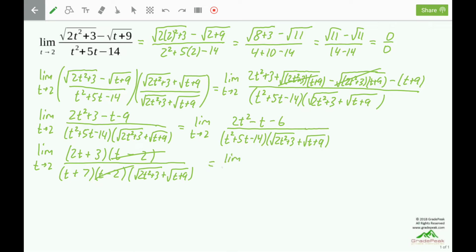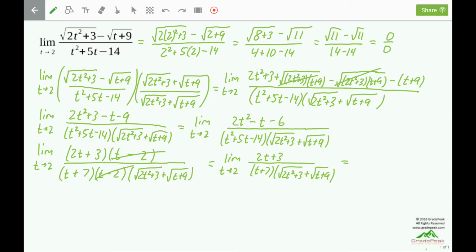So we'll have limit as t goes to 2 of 2t plus 3 divided by t plus 7 times the square root of 2t squared plus 3 plus the square root of t plus 9.